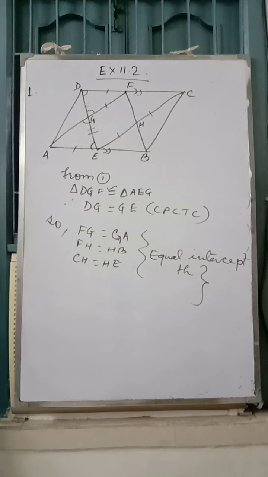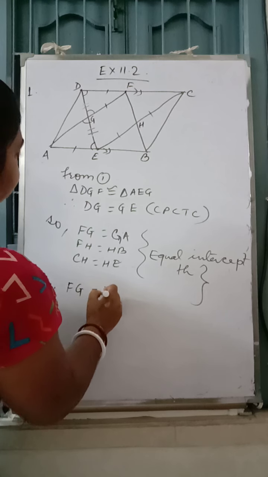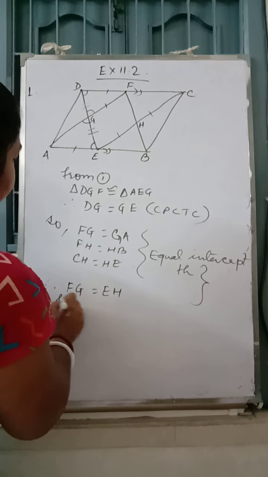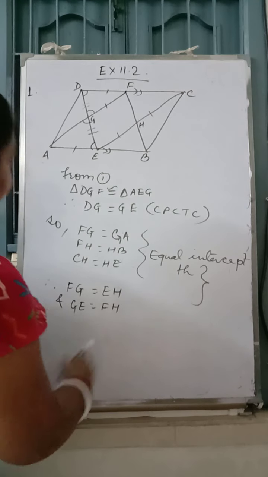EC is a transversal, FB is a transversal, DE is a transversal, and AF is a transversal. So all of them would make equal intercepts. So from this we can write FG is equal to EH and GE is equal to FH.